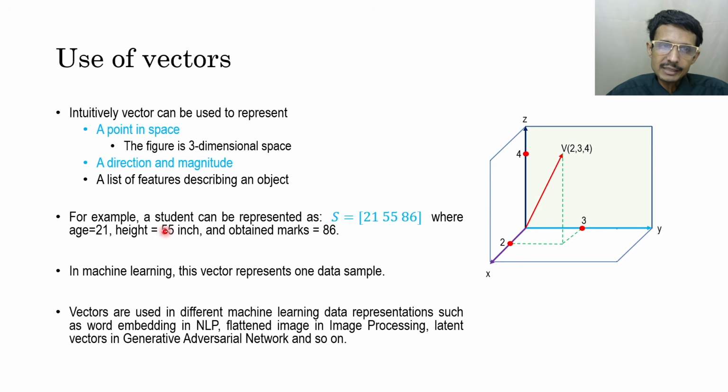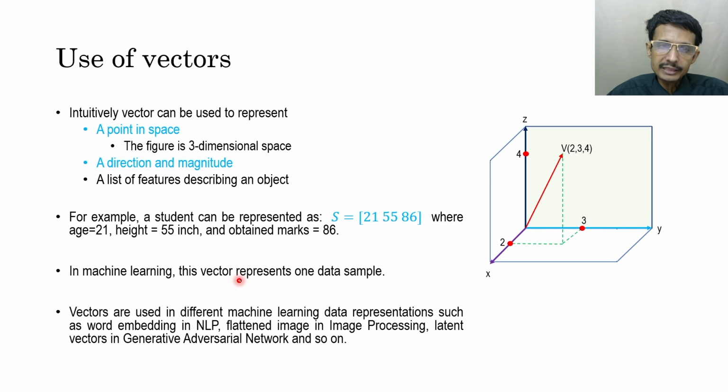For example, a student can be represented as 21, 55, 86. What are these features? This is age, this is height, and this is the marks obtained in a particular course. This is just a very hypothetical example. In this way, the vector can be used in different machine learning applications.